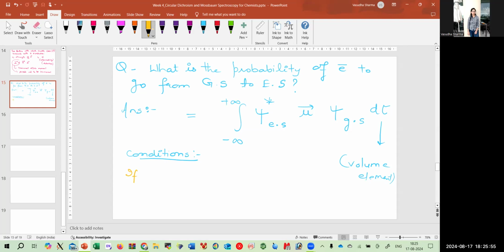If the value is equal to 1, that means the transition is allowed. That means there is full probability of the excitation of the electron to the excited state. And if the value of this probability is 0, that means the transition is not allowed and it will not go to the excited state. This is very, very important.